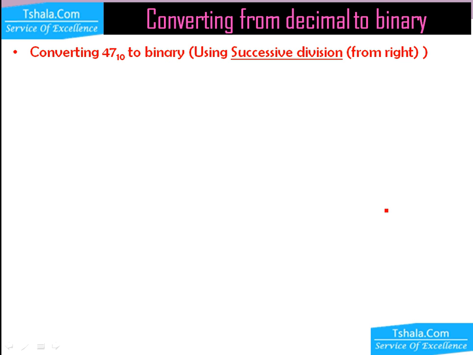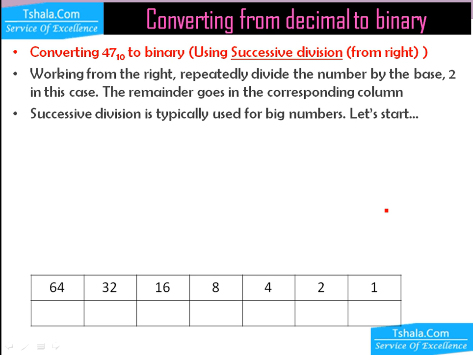Now, we are going to do the conversion again, but this time we use a method called successive division. We don't start with a table as such, but what we want is to have the place values.